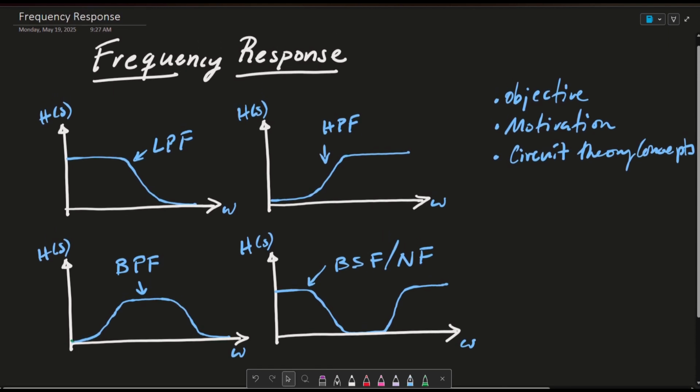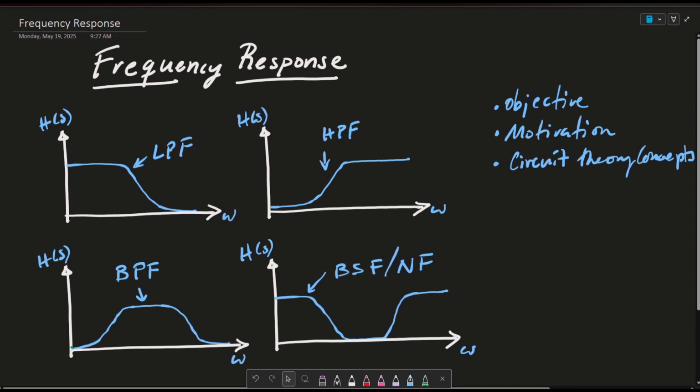On the screen we see what we consider a low pass filter, a high pass filter, a band pass filter, and a band stop filter or notch filter. We're going to draw a schematic for the low pass filter and the high pass filter, but in this video we might not get to the band pass and band stop filters.